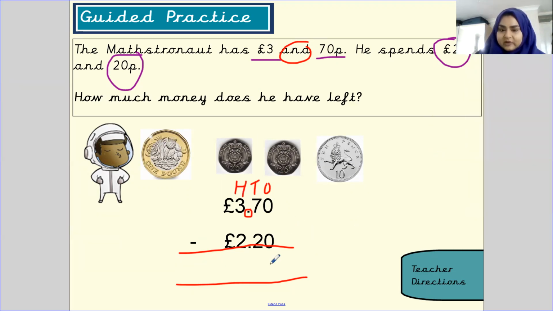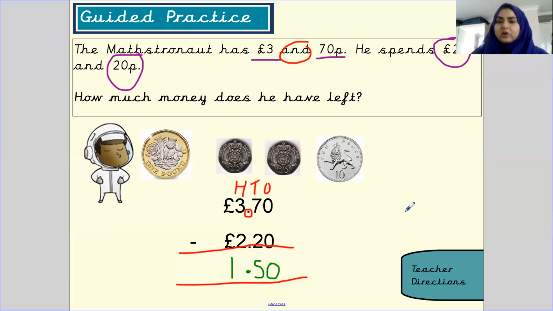So now let's work out what the answer is. 0 take away 0 means 0. 7 take away 2. So I have 7, take away 2 is 5. 1, 2, 3, 4, 5. Then I need to remember to put my decimal point there. Then I have 3 take away 2 equals 1.